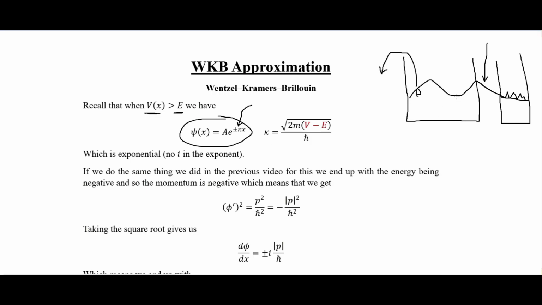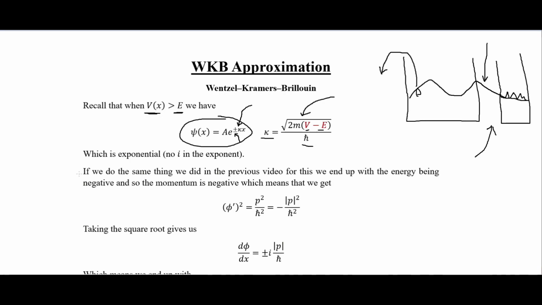We know that what we're interested in the most is this exponential decay solution, and that's when this is negative right here. Our kappa, remember, is equal to the square root of 2m times the potential minus the energy, all over h bar.